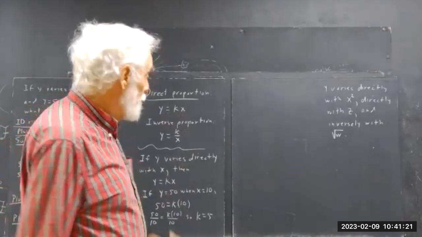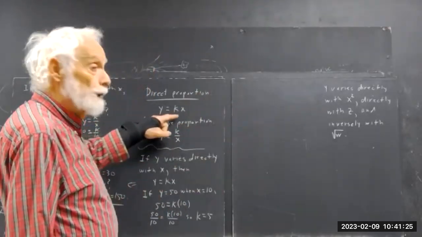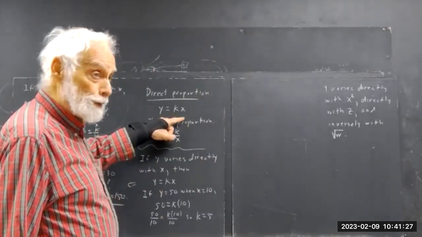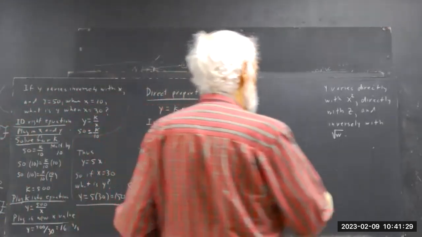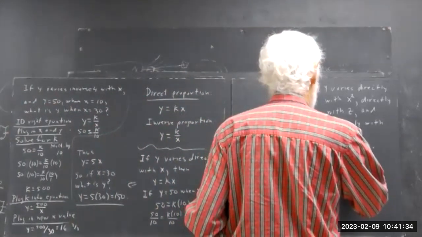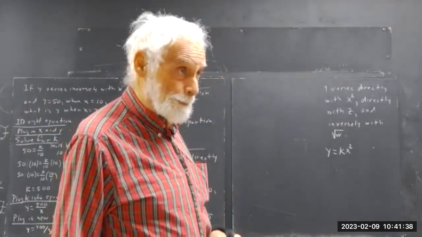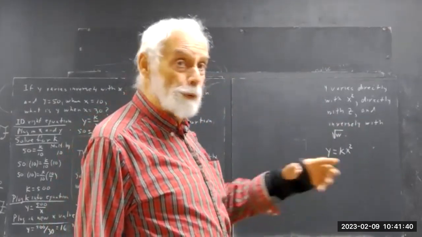Now Y varies directly with X squared. This is Y varies directly with X. What would change? Well, we would write Y equals Kx squared. That'd be Y varying directly with X squared.